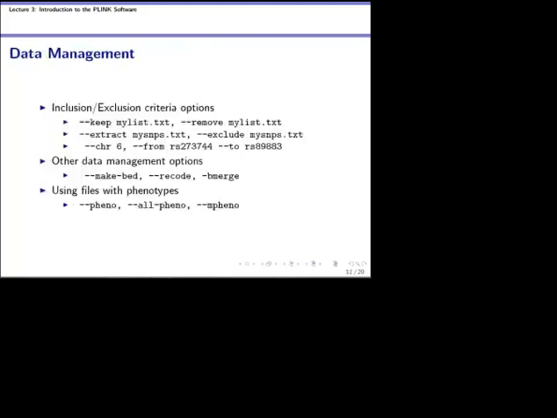Okay. So what are some of the options for data management? There's --keep. For example, let's say you have certain individuals, a subset of people, that you want to do an analysis on. You can easily do this with --keep. So mylist.txt could be a list of family IDs and individual IDs of people you want to include in your analysis.